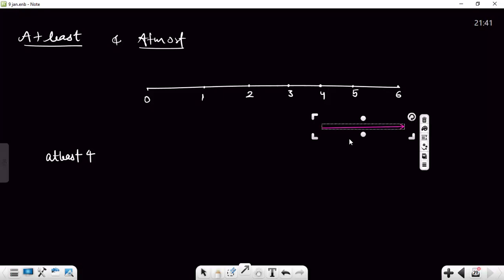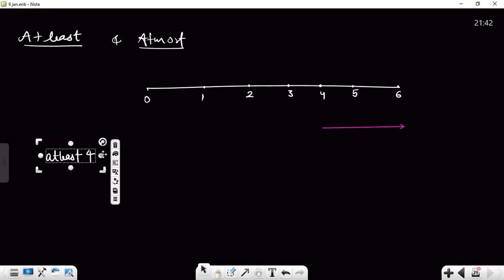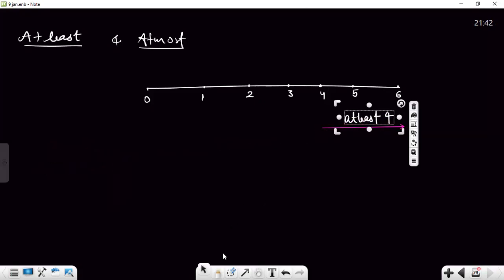This range with the arrow is representing at least 4. The minimum of our range is 4 here.